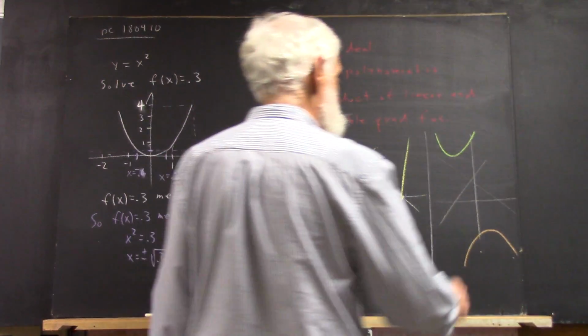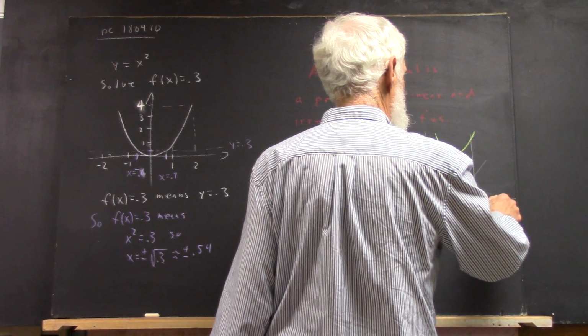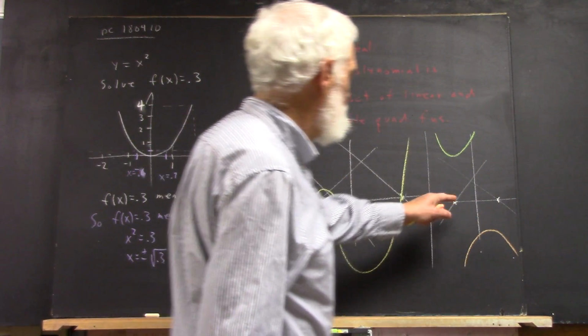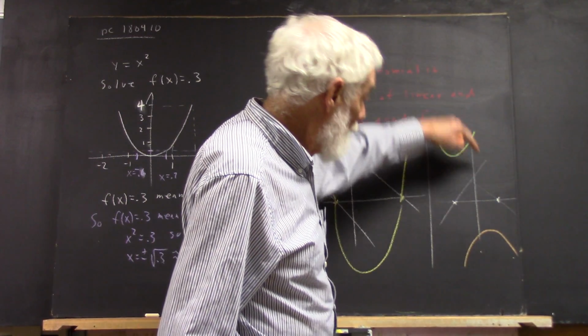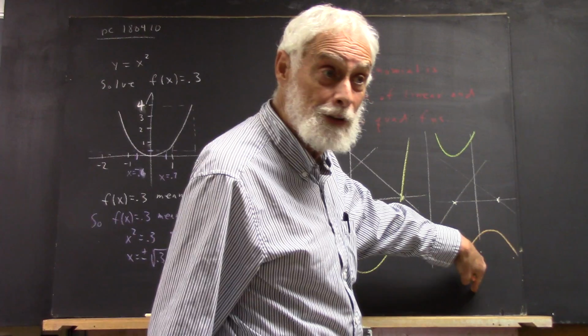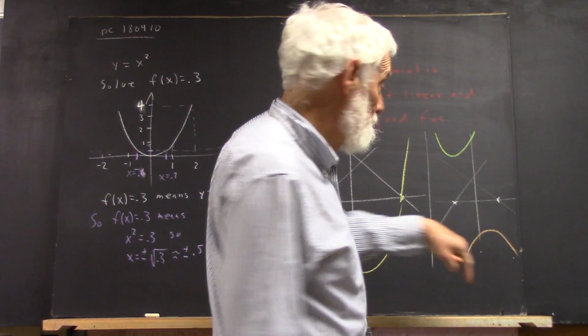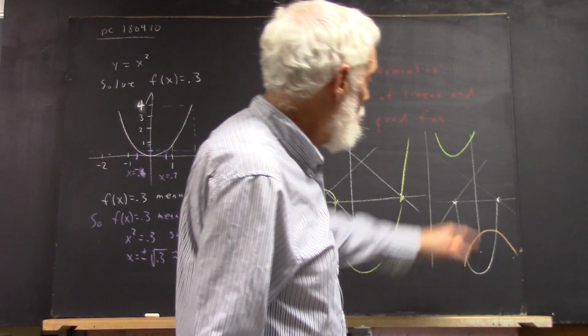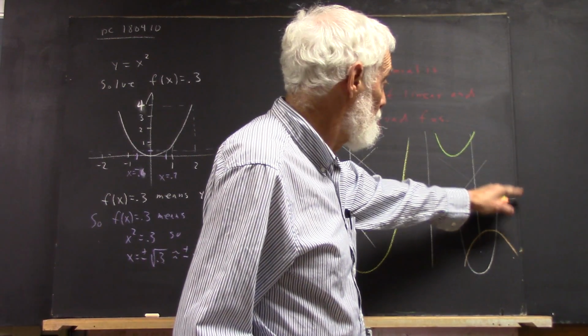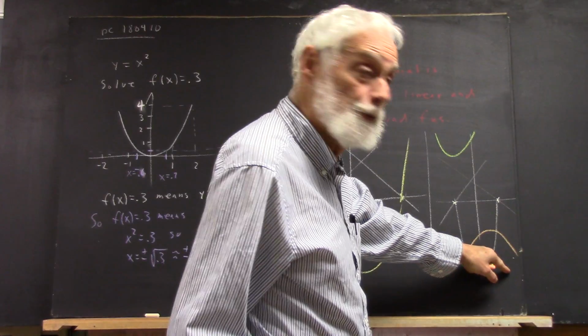Well, it's 0 here, it's 0 here. Between here and here, we have two positives. This one's positive and this one's negative. What's that give us? Negative. So we got a negative here. On this side of the 0, we've got two positives and two negatives.